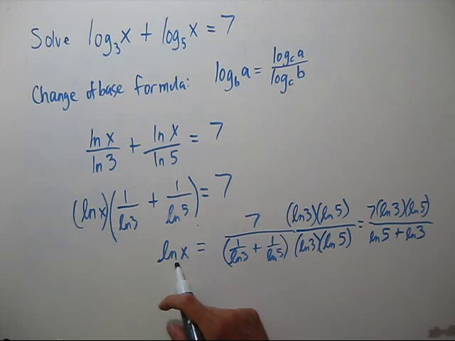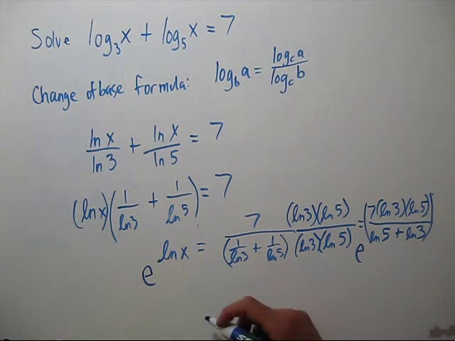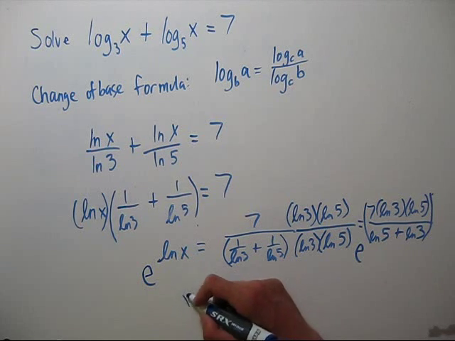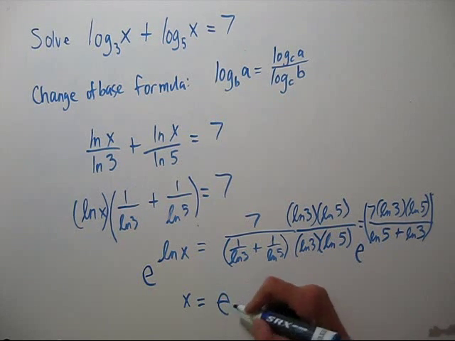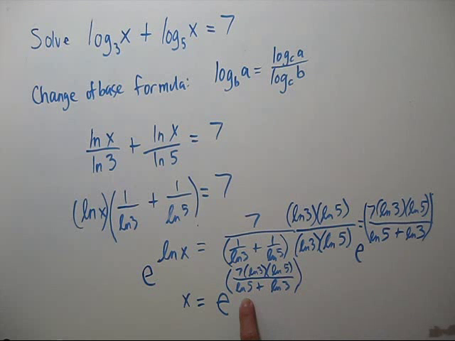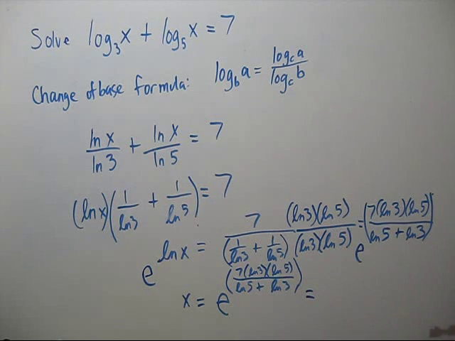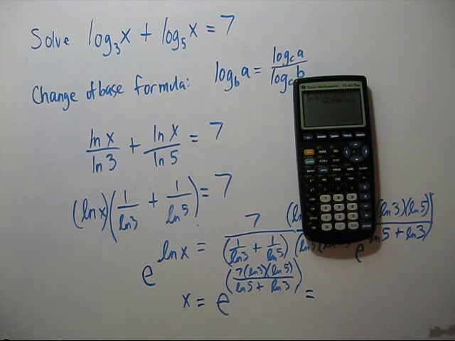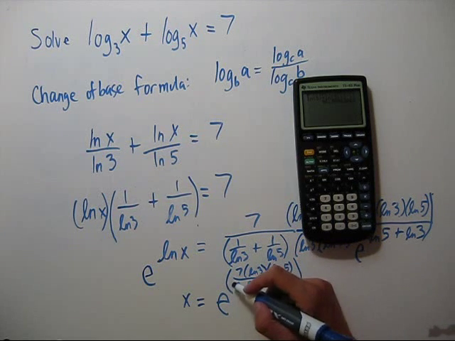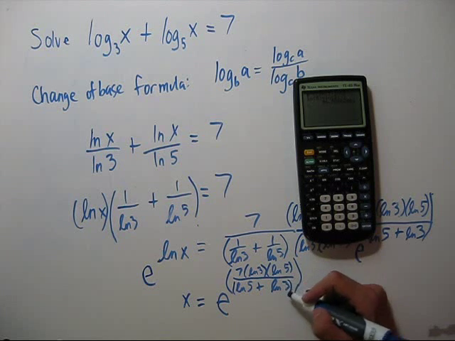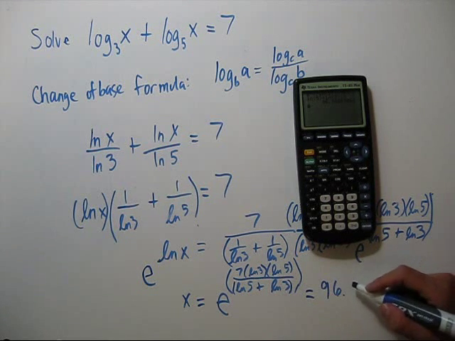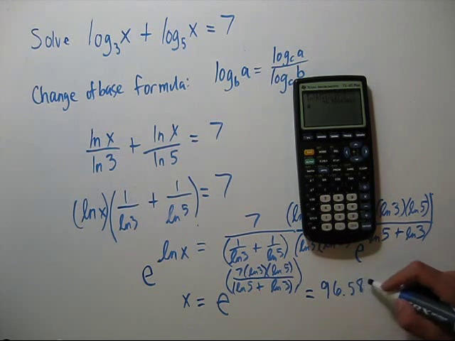So let's use base e. So our answer is that x equals e to that expression, and let's get a decimal on that. Be sure to tell your calculator about the parentheses around the denominator. 96.589.